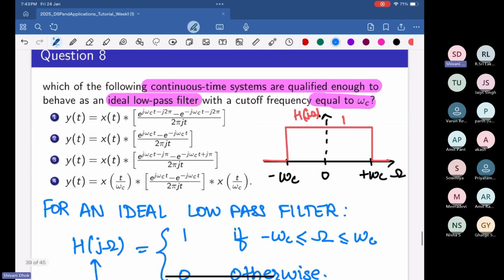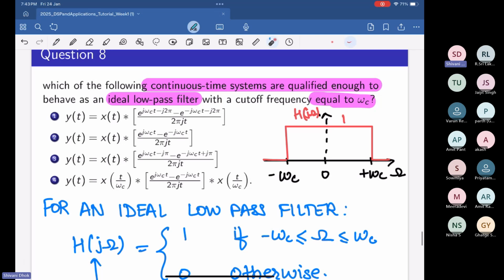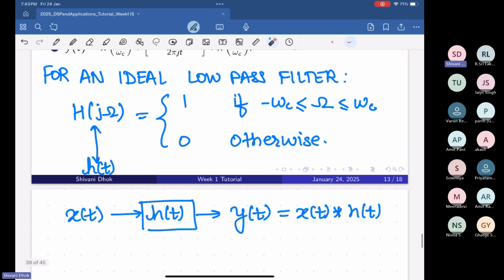Now, if you observe the options given to us, those are in the convolution form. So this x of t is getting convolved with some functions. All of these functions which are listed here are basically the impulse responses, that is this h of t. So now we need to figure out how this h of t looks, and for that we will need to find the inverse Fourier transform of this.